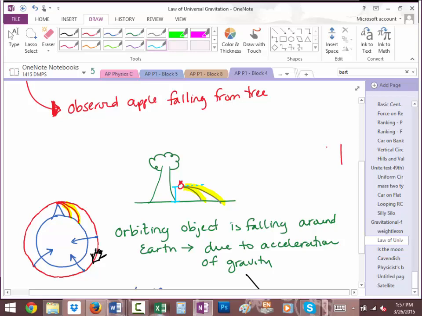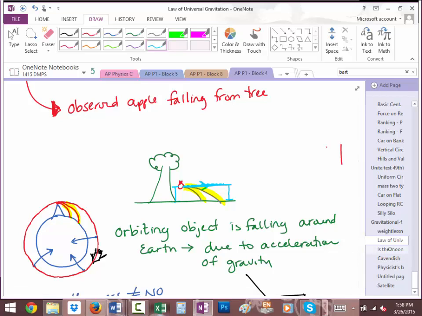And at some point when it hits the Earth, I can compare that distance again. Would it ever follow this trajectory, this blue line here? No. Only if what wasn't in existence? Gravity. If gravity didn't exist, then that would happen, right?